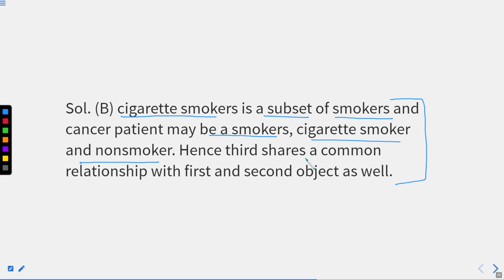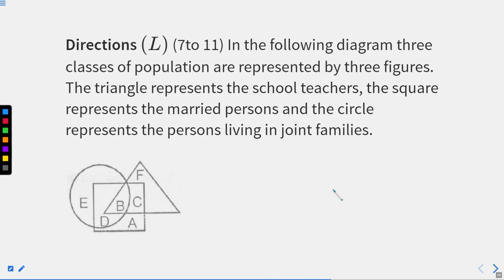Hence the third shares a common relation with the first and the second as well. So our answer will be: a smoker, a cigarette smoker and a cancer patient, right? This is our answer, which is option B. I hope I have explained this part well as well, right? Now we'll move to the next set of questions.